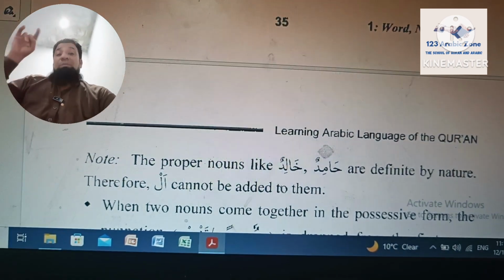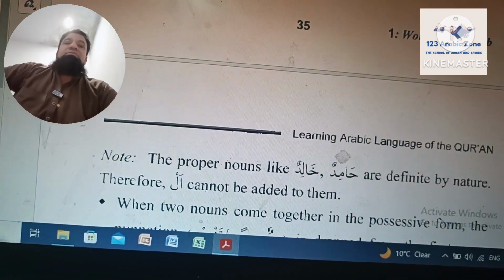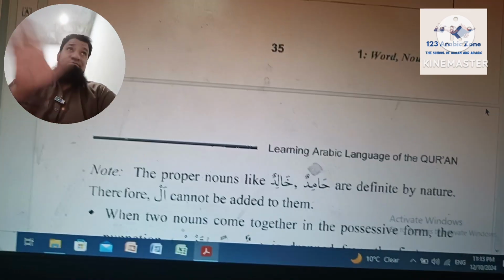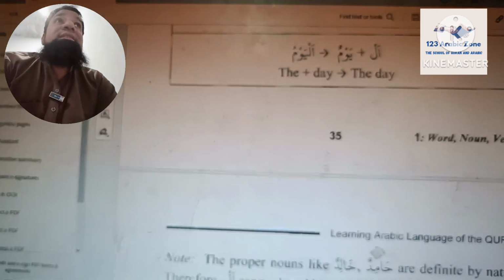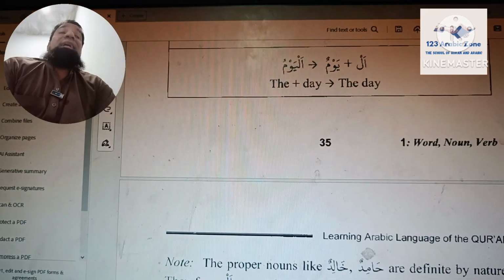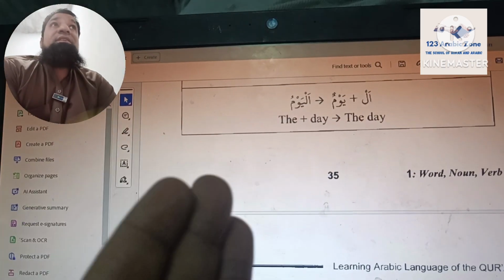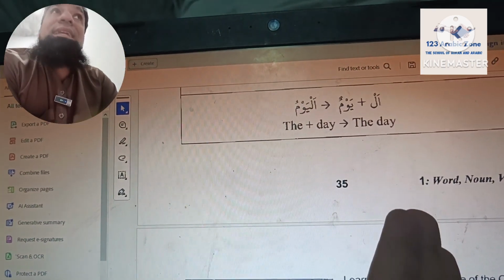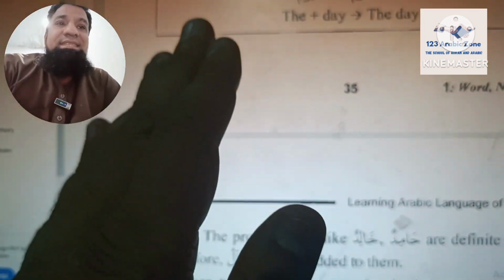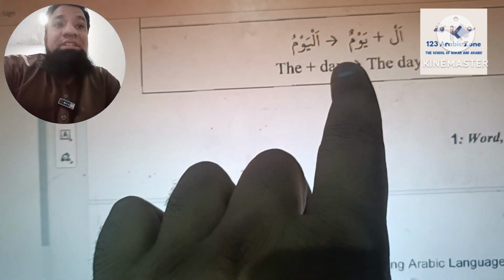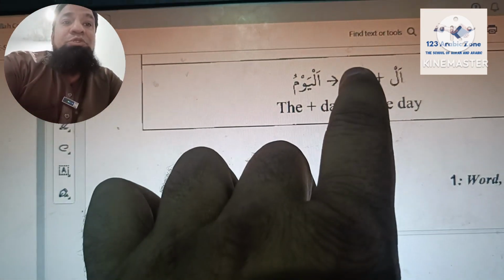The proper nouns like Hamidun, Khalidun are definite by nature. The nunation is the identification of an indefinite noun. Please memorize nunation: yawmun, yawmun.